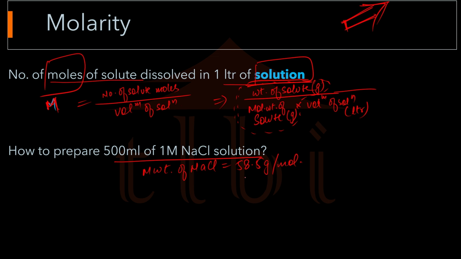So this much, 58.5 gram, will be required for 1 liter of 1 molar solution. Therefore, for 500 ml you can half it, and that will be your answer, 29.25 grams. Okay, and obviously this will be prepared like what we have seen, with the use of volumetric flask, right? All right.